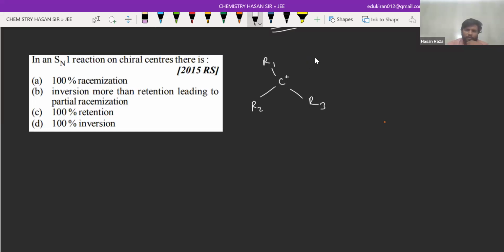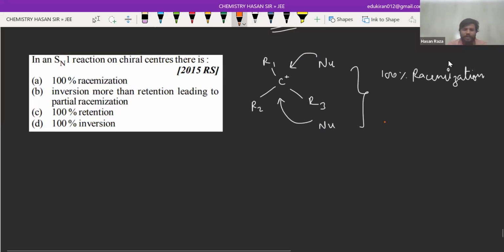Back attack and front attack both can be done by the nucleophile, and due to this you would say 100% racemization will be there, right? But this is not 100%.